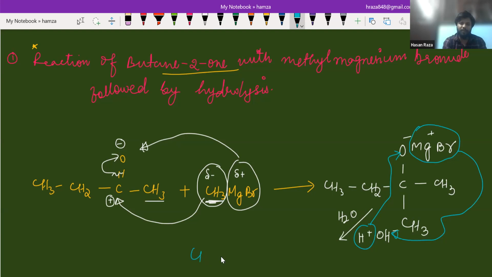So what we will get: CH3, CH2, C, then O with H attached, then CH3 and CH3. This is the main product. What is the name of the product? 1, 2, 3, 4. 2-methylbutan-2-ol.